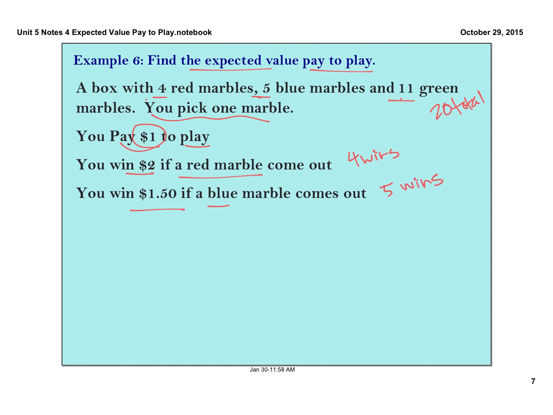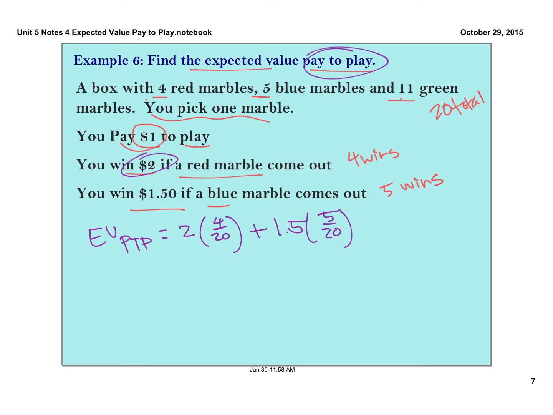So two possible payouts here. Let's look at our expected value. So expected value pay to play. I've got a $2 win times 4 out of 20 for the probability of winning, plus a $1.50 win times 5 out of 20 for the probability of winning, and we're paying to play, so we just straight subtract the bet amount, minus 1 there.